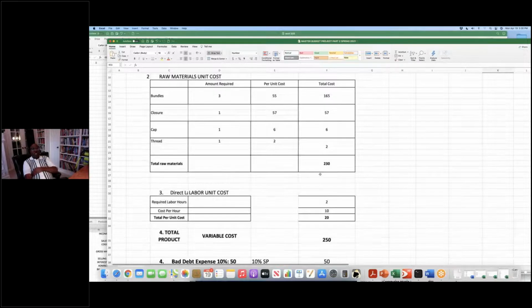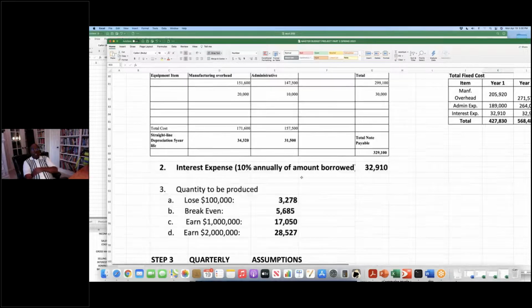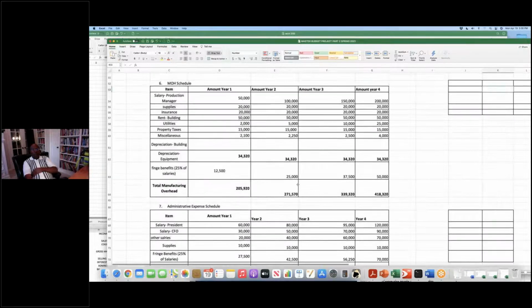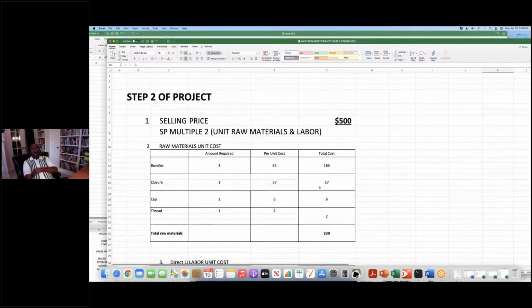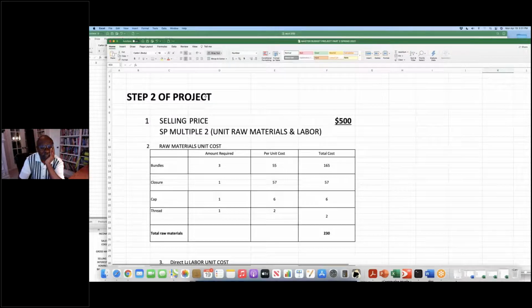You want the balance sheet too? Do you see what's on the screen now? This is the project part 2. So you got to have it by 2 o'clock.